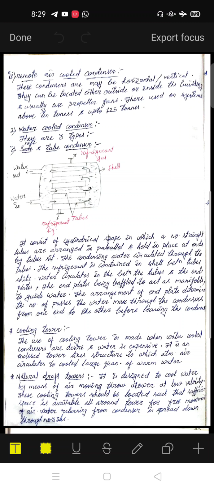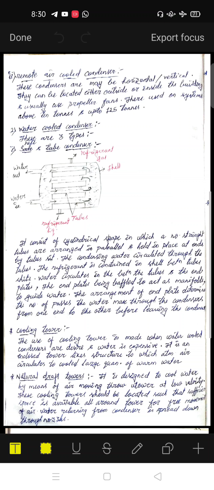Water circulates between the tubes and the end plates, the end plates being baffled to act as manifolds to guide the water. The arrangement of the end plates determines the number of passes the water makes through the condenser from one end to the other before leaving the condenser.